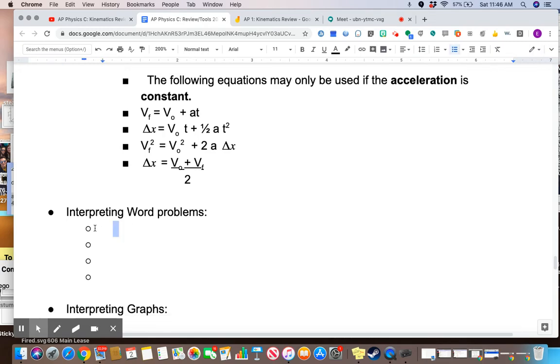So if it states in the problem the object starts at rest, falls, is dropped, okay? Or it doesn't specifically give you a velocity, V naught is 0.